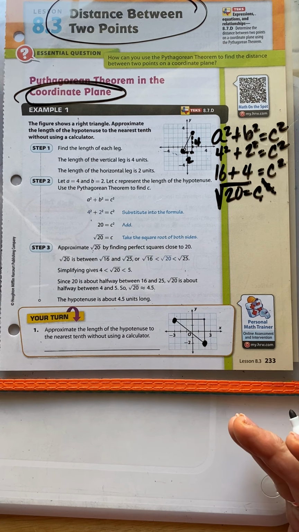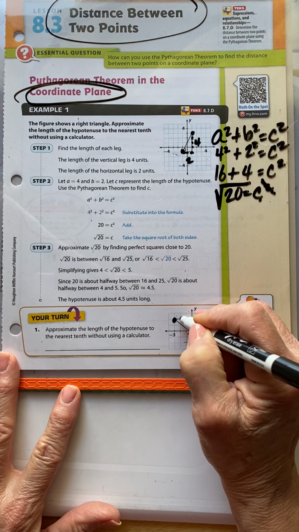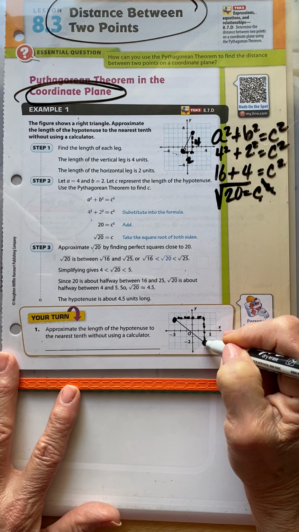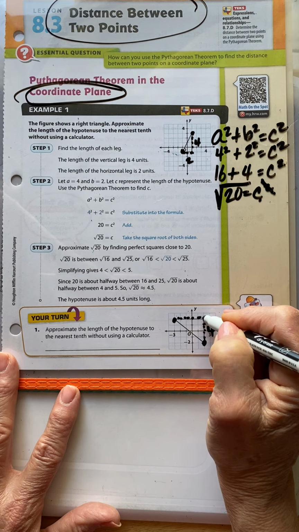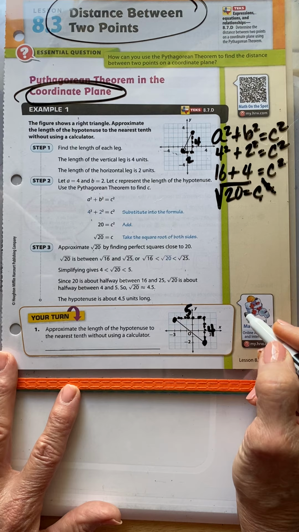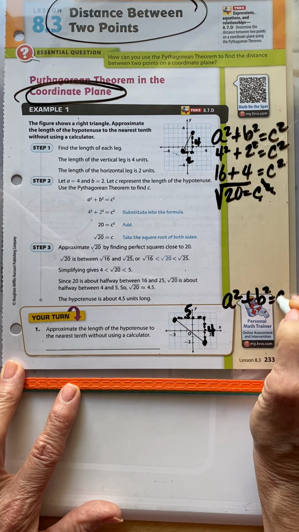You can see it as a diagonal, so you go ahead and draw the right triangle yourself with your dotted lines. And we know this side is 1, 2, 3, 4. This side is 1, 2, 3, 4, 5. Excellent. So then we would use a squared plus b squared equals c squared.